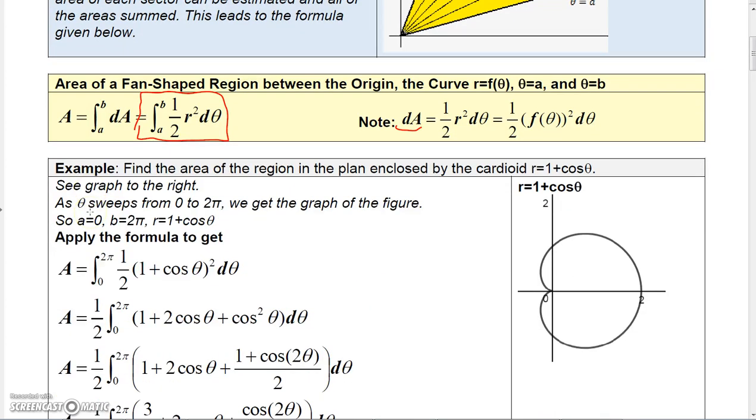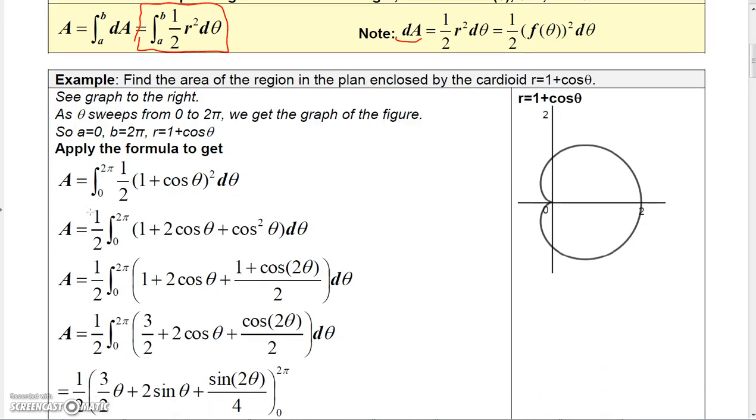Okay, let's take a look at a region here. This says find the area of the region in the plane enclosed by the cardioid r equal 1 plus cosine theta. So basically what I'm looking for is the area in here.